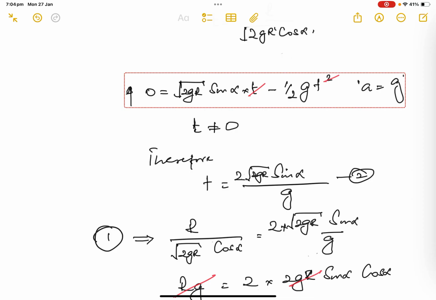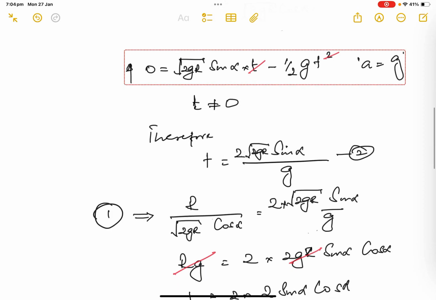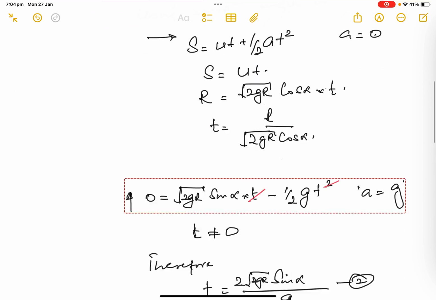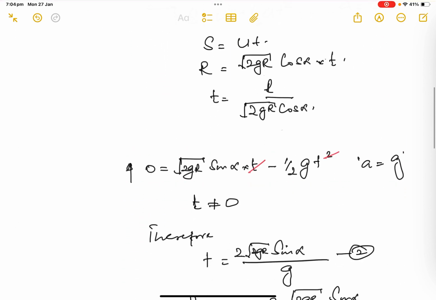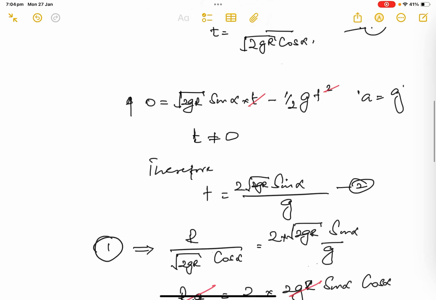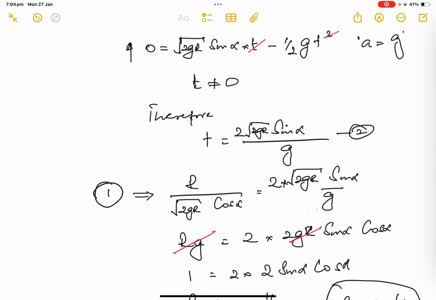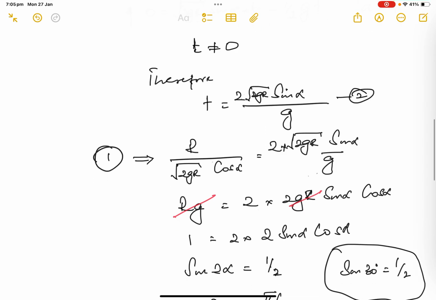From that, doing a bit of algebra, we can work out t equals 2 times the square root of 2gR sine alpha over g. If we look at equation 1, we found t equal to this.